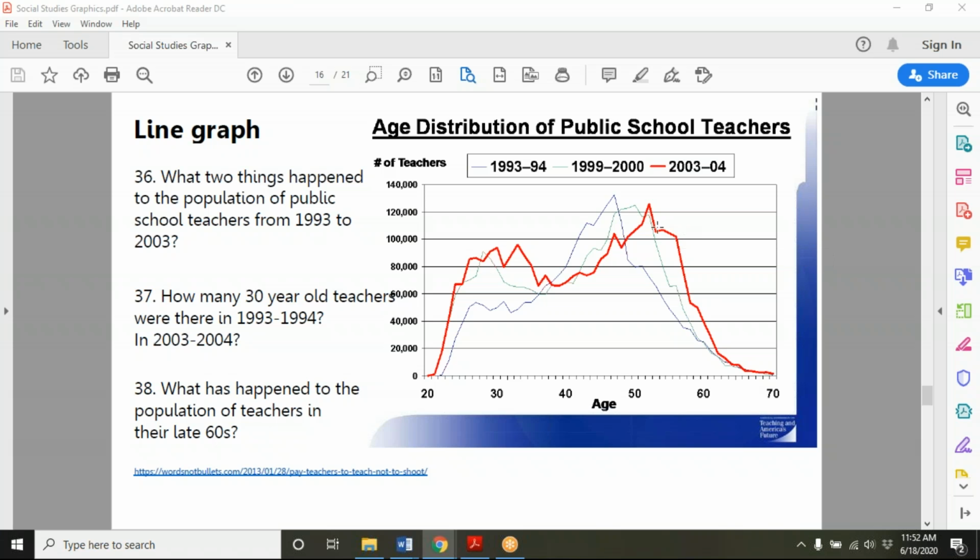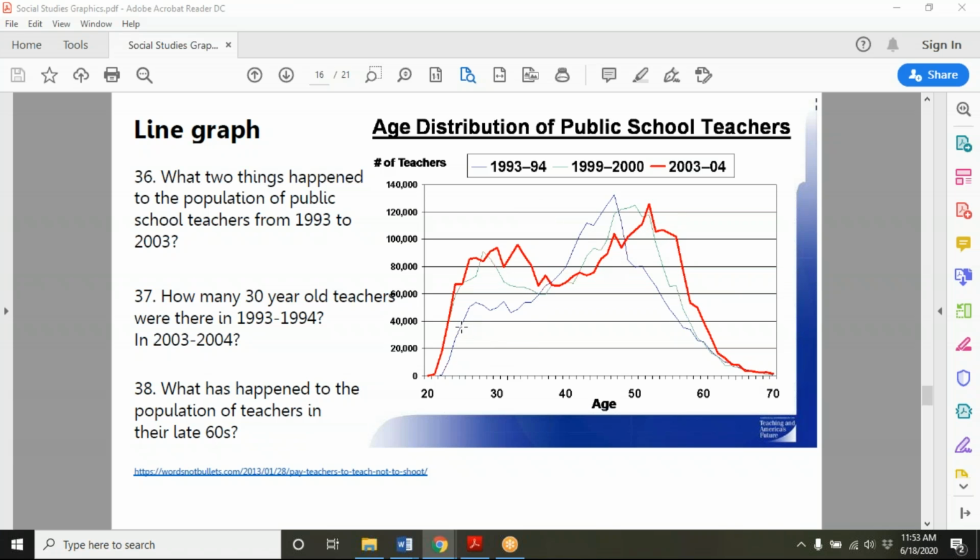Look at the blue line, the slope down the mountain. Past that, the red line's still going up. So there's more teachers in their 50s, and even into their 60s, in 2003 than 1993. So that's one thing. There's more older teachers.